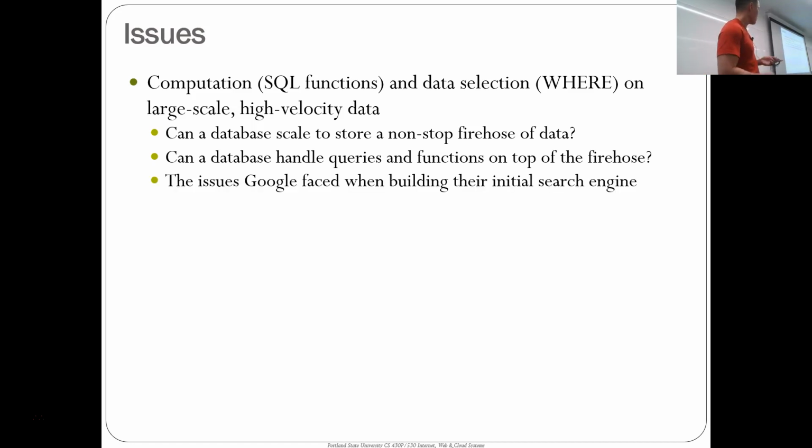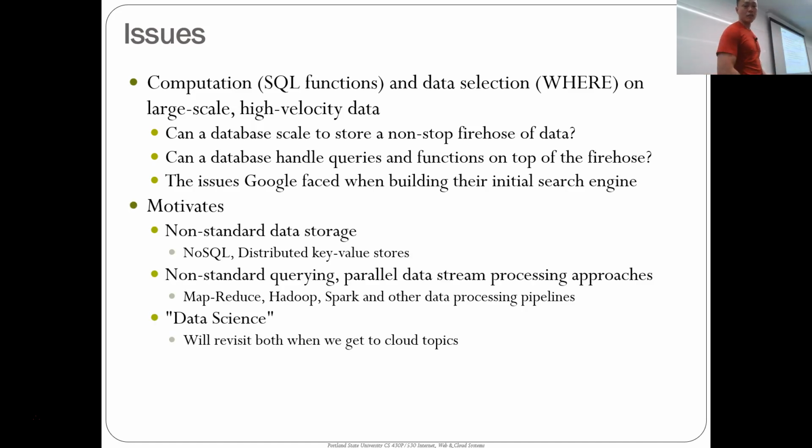And this was the issue that Google faced when they were trying to build their initial search engine in the 90s. They couldn't store all their documents in a SQL database and then hope to be able to build indexes and queries on those to support search. They needed something else. And so this really motivated them to go into a non-standard data storage.